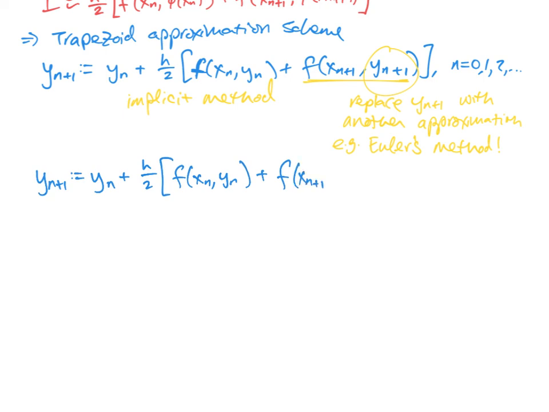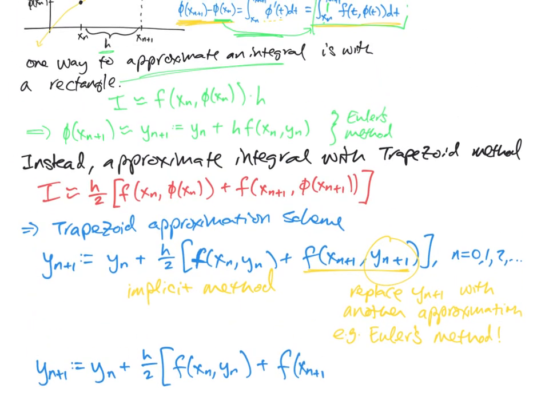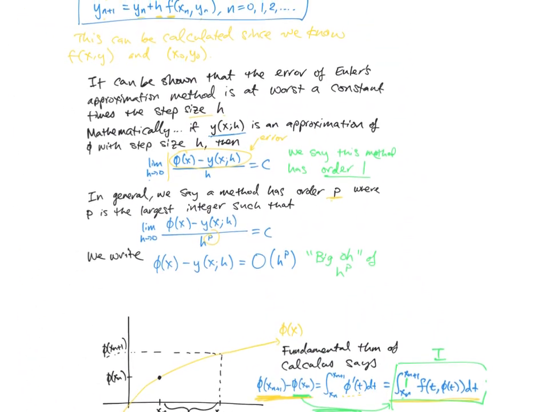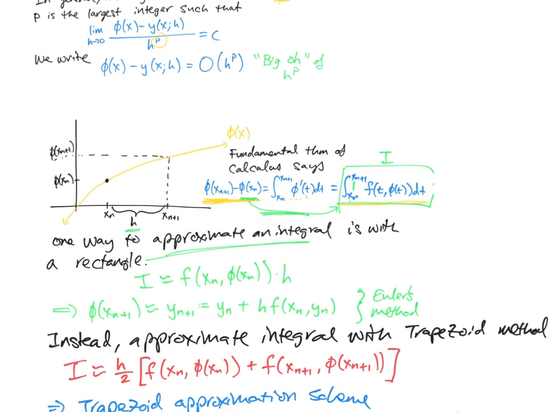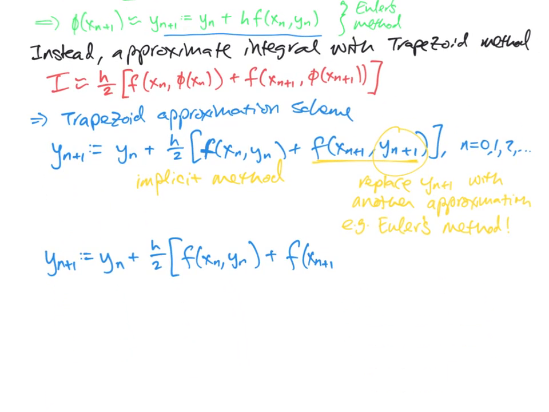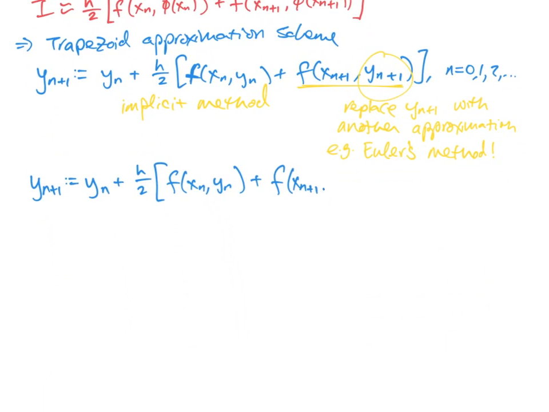And now instead of y_{n+1}, we replace it with Euler's method: y_{n+1} equals y_n plus h times f(x_n, y_n). So that's what comes back here: f(x_{n+1}, y_n + h f(x_n, y_n)), close bracket, for any n.